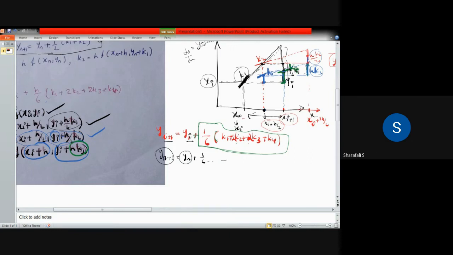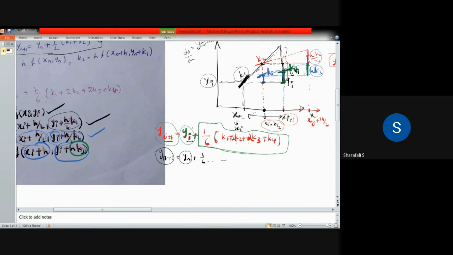Okay, this is the most used weighted average value. That's why we are considering that one. And this has to be added to the known value Yi, then you will be getting the next Yi.